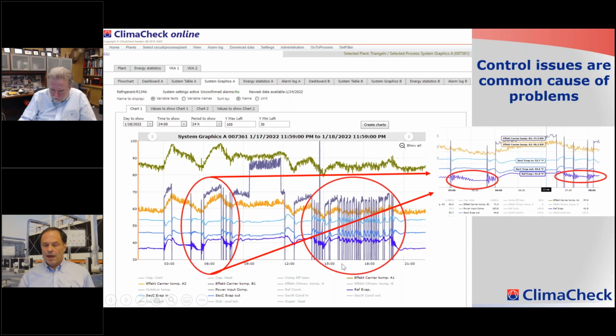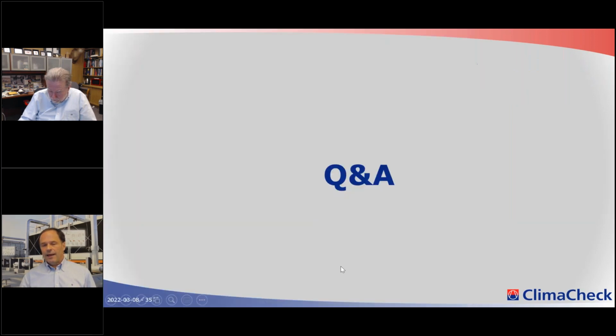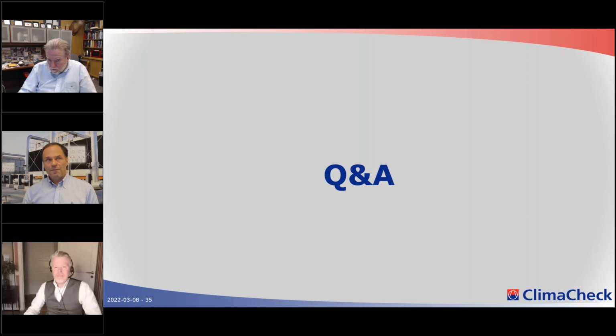The system then trips on oil protection. We can also see that the expansion valve is not able to handle the variation in capacity well. These are all parameters that are normally not monitored, but they can easily and cost-effectively be monitored.